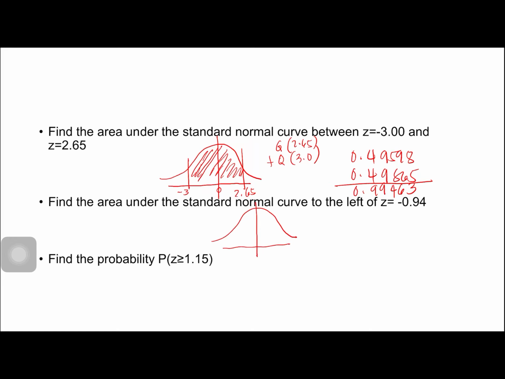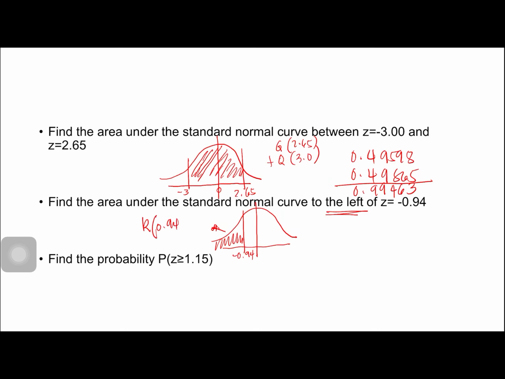Okay, so let us draw our normal curve. We have there negative 0.94 is located where? Since it's negative, it's at the left. Negative 0.94. So we need to find the area, okay, under the standard normal curve to the left. So it means that we need this area, okay?